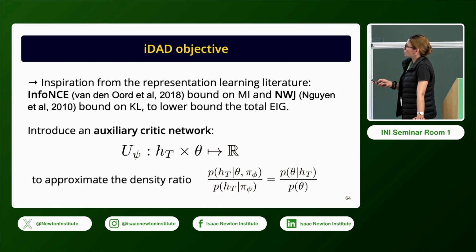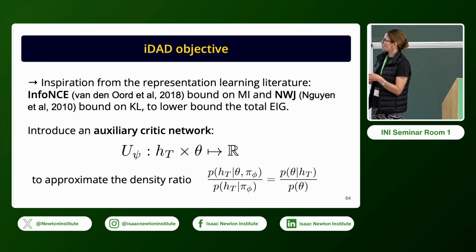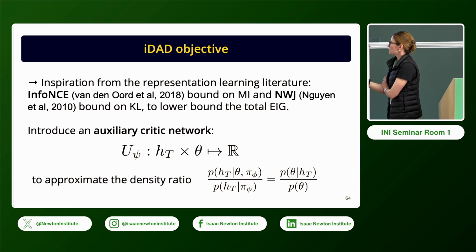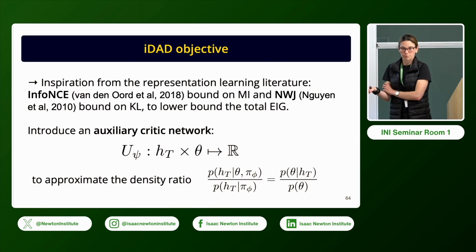And with these bounds, what we're introducing is another small neural network. This small neural network is called a critic network, and this critic will be taking as inputs design-outcome histories and parameter values, and will be outputting a real number.